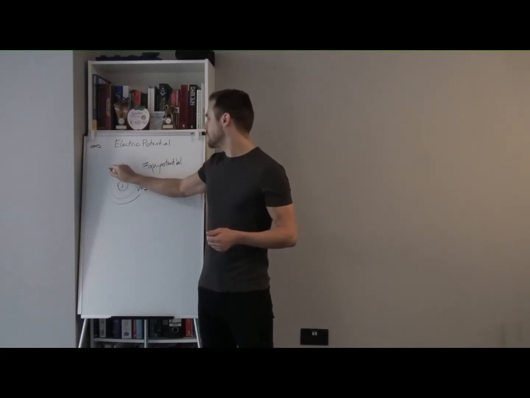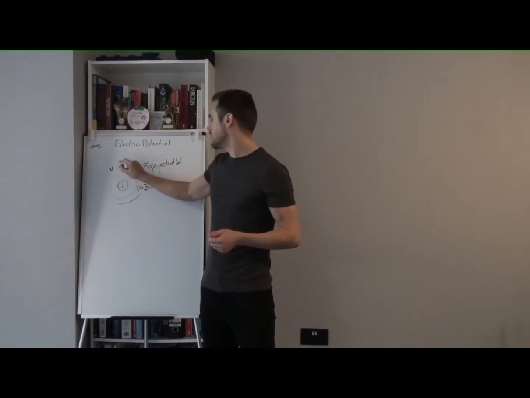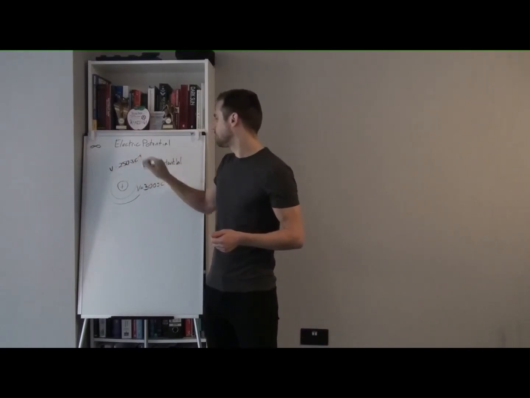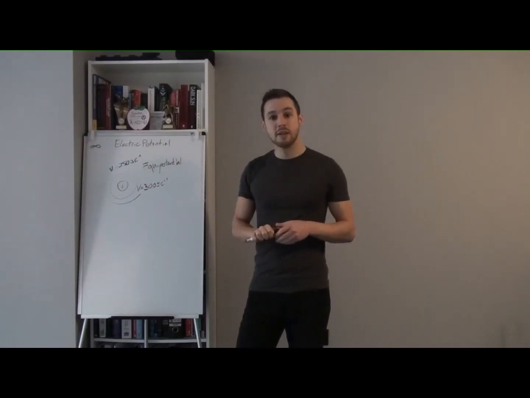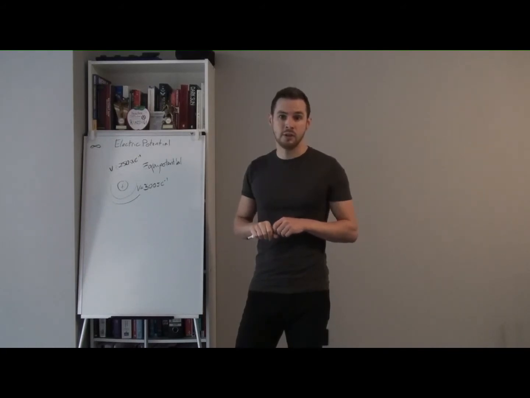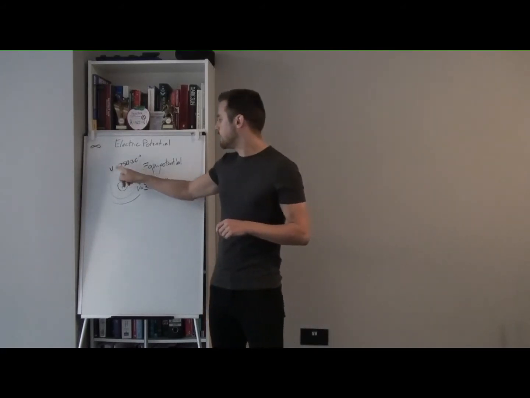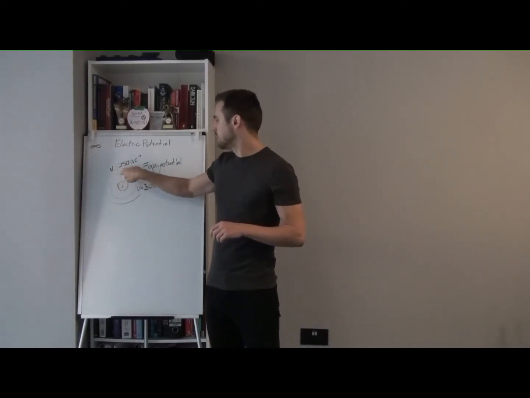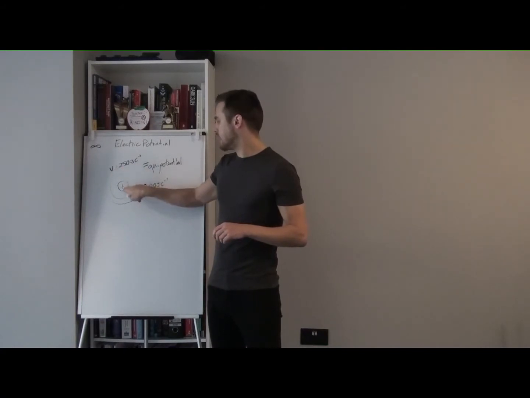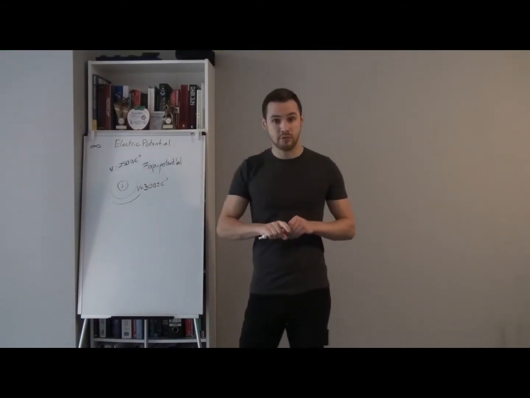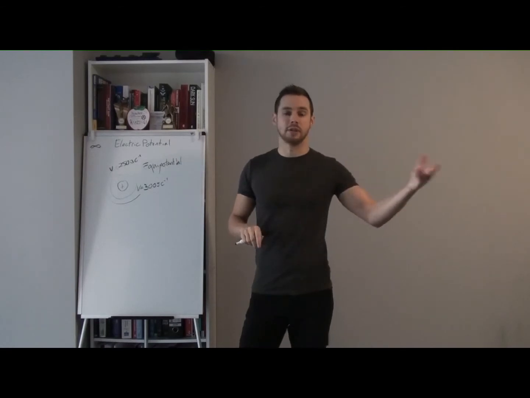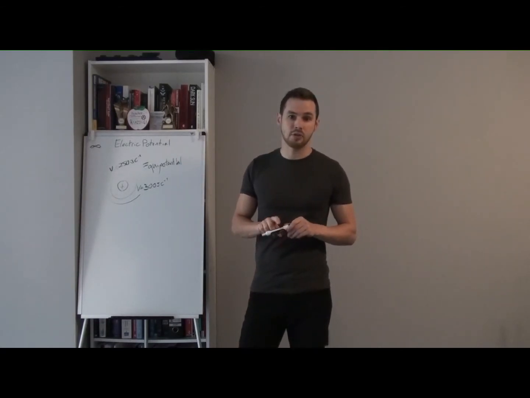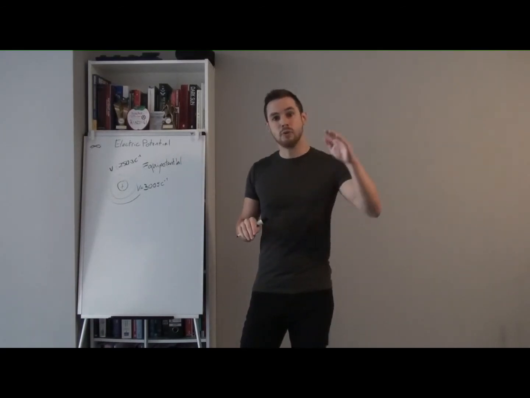And so the electric potential at this stage might be, say, 250 joules per coulomb. So we can see that around a positive charge, the equipotential surfaces become increasingly positive as we get closer to the positive charge.